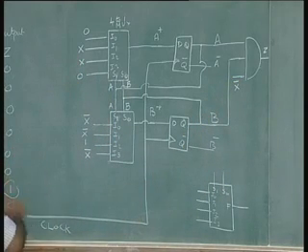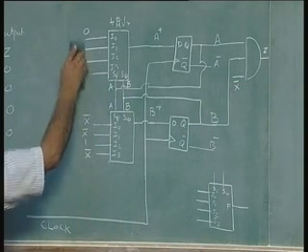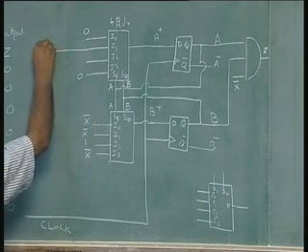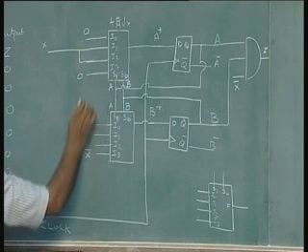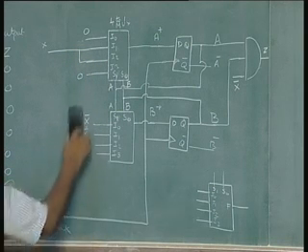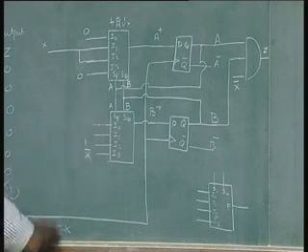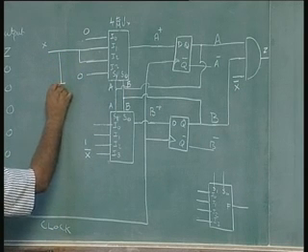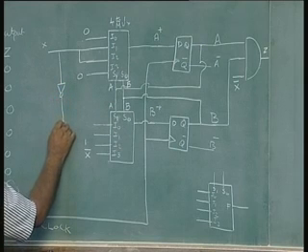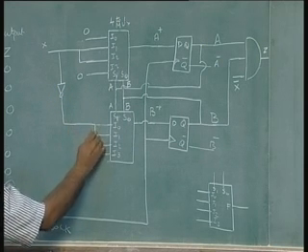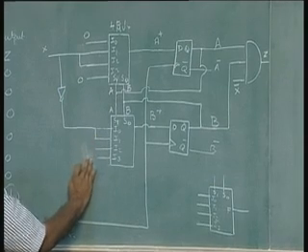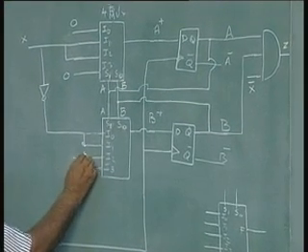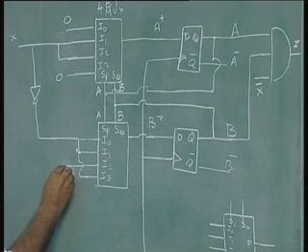All I am saying is you take this x as input to the system, connect it here, and the same thing will become x bar, and this is my 1.